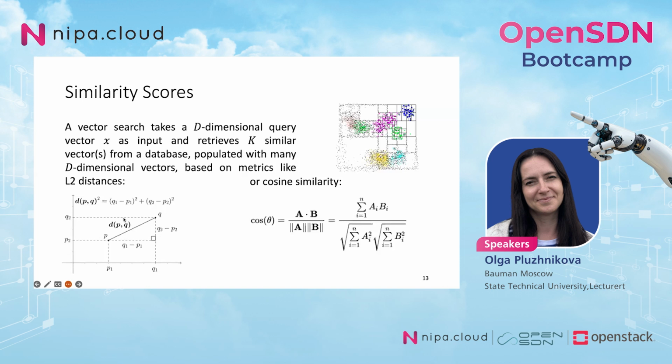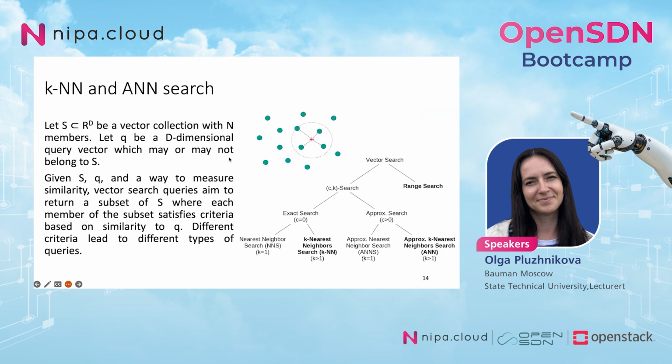So there is Euclidean distance, and this is cosine similarity. Well, we know the distance between vectors, but how does a query work?